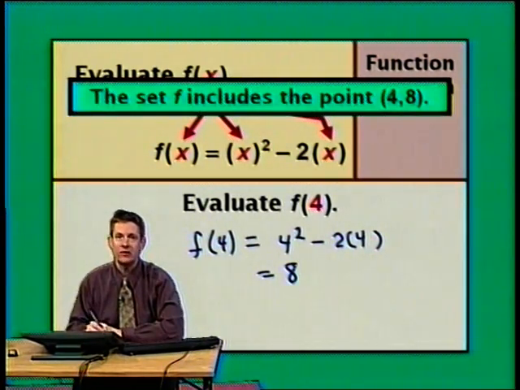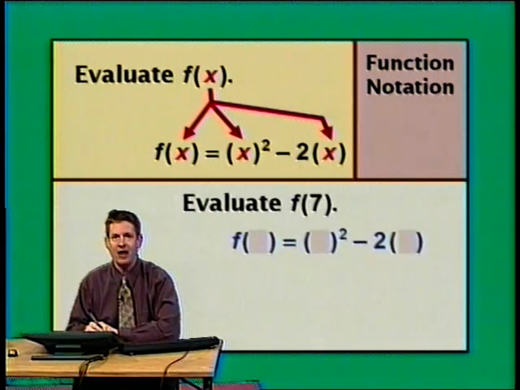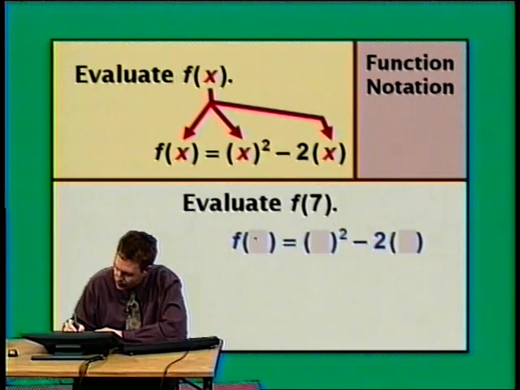Notice that that tells us that the set called f includes the point 4, 8. Also, if we were looking at a graph of this function, one of the points on the curve would be the point 4, 8. Let's evaluate f of 7. Everywhere I see an x in my formula, I need to write down 7.